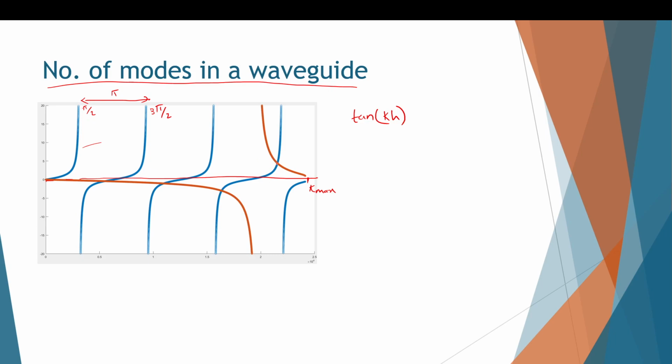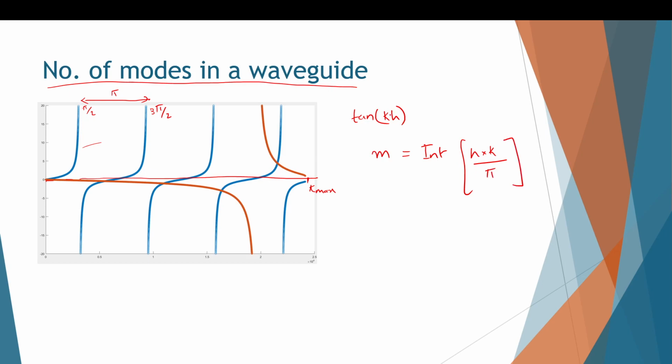RHS side. So it's just approximate. It might happen that it can be one mode here and there. However, my number of modes is approximately the integer of h times kappa over pi.